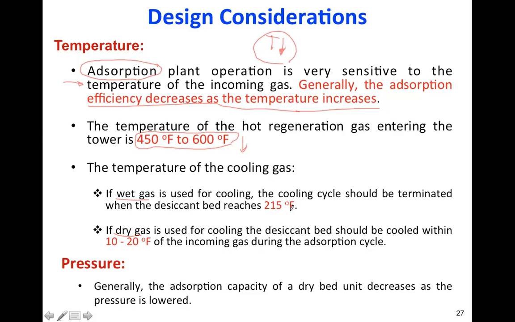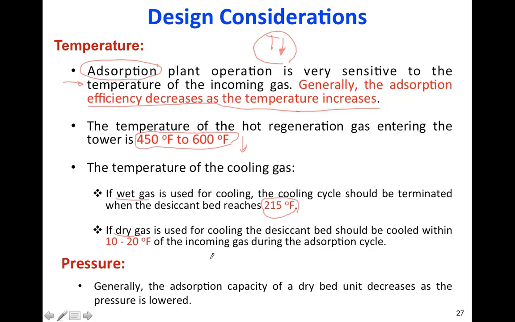If we are using wet gas, once the temperature reaches 250, that's okay for us. If we go to a very low temperature, some of the vapor in this wet gas can condense and remain on the bed. So we don't need to go to a very low temperature.